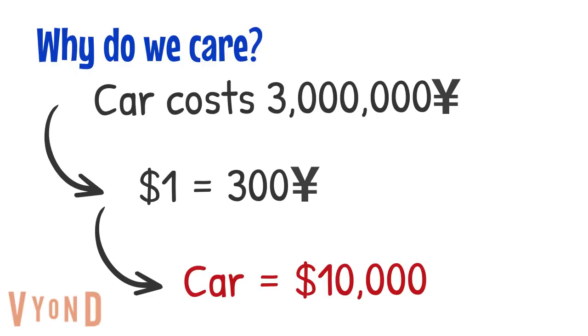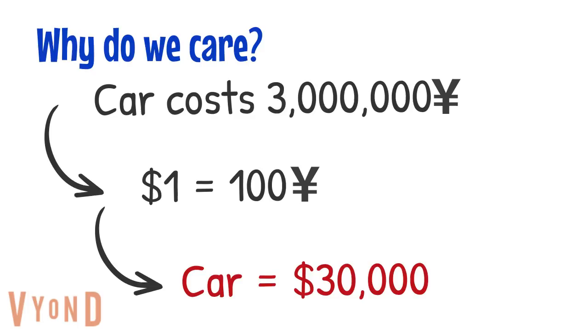It's a $10,000 car. But what would happen, and what has happened, the dollar was about 300 yen to the dollar in 1970, and now it's about 100 yen to the dollar. The dollar has depreciated against the yen. It's less valuable. When the dollar's less valuable, you need more of them to buy something.